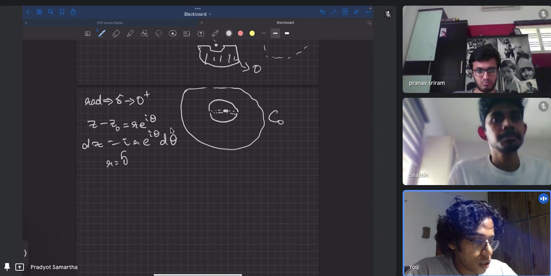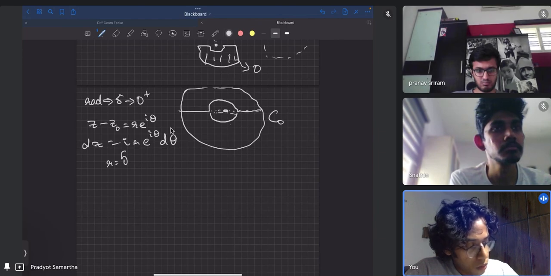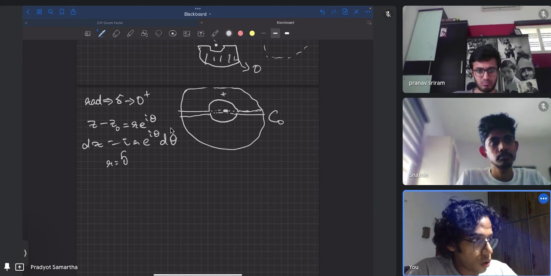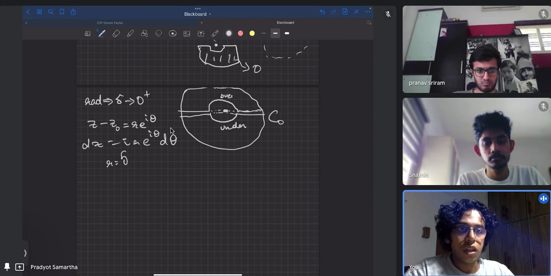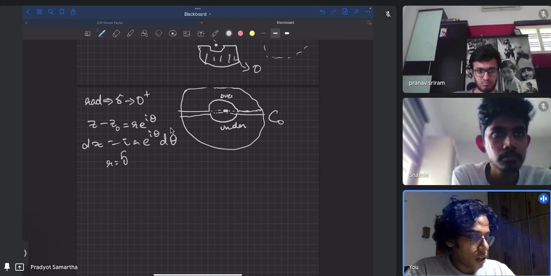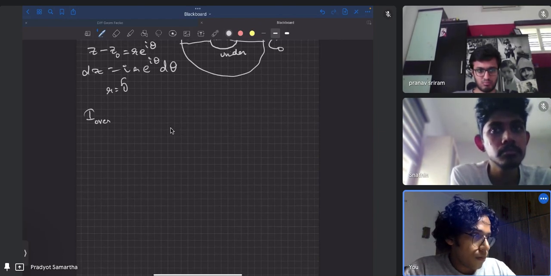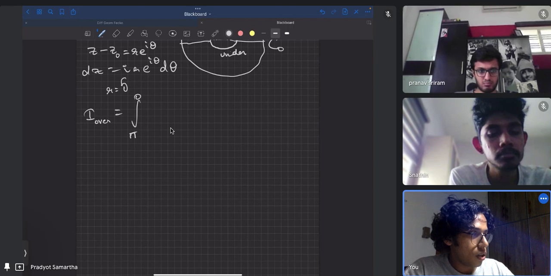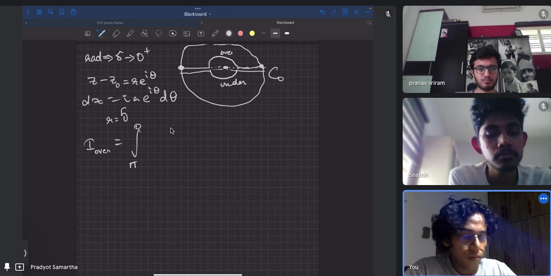We can divide the inner contour into two regions: one is the plus and then the minus. We can call this one over and this one under. Now when you write the integral over the over part, you get the integral from pi to 0.